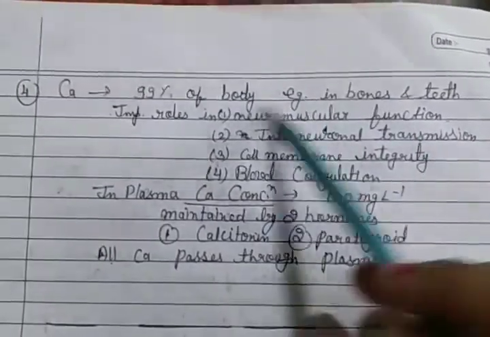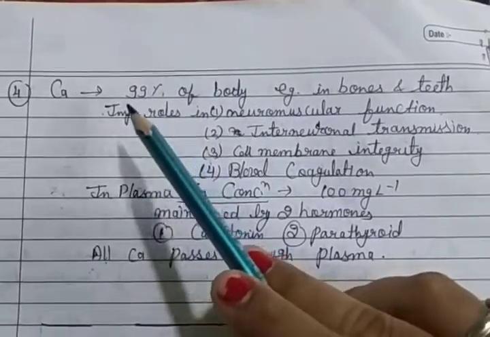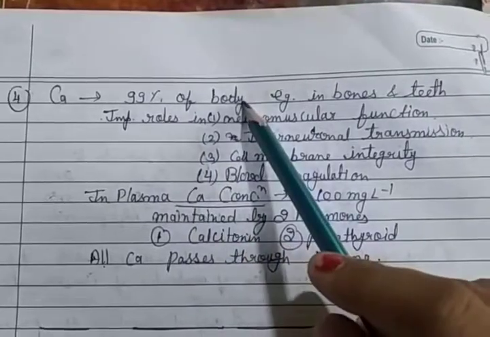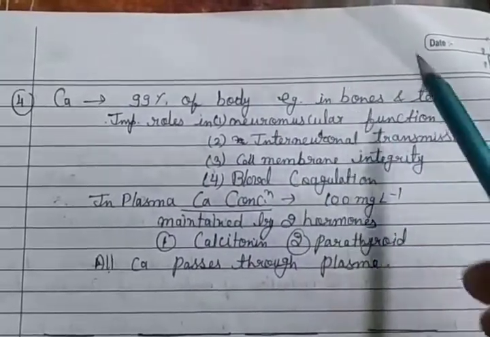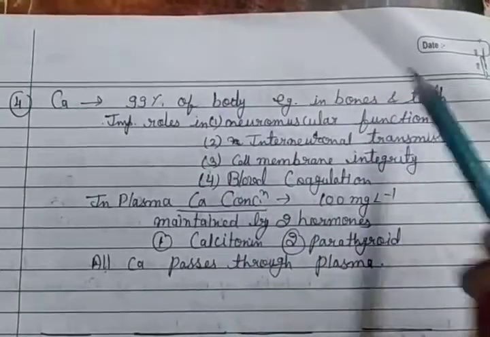Then fourth, biological importance: calcium is very important. Calcium makes up 99% of the body's mineral content, for example in bones and teeth. It plays important roles, especially in bones and teeth.